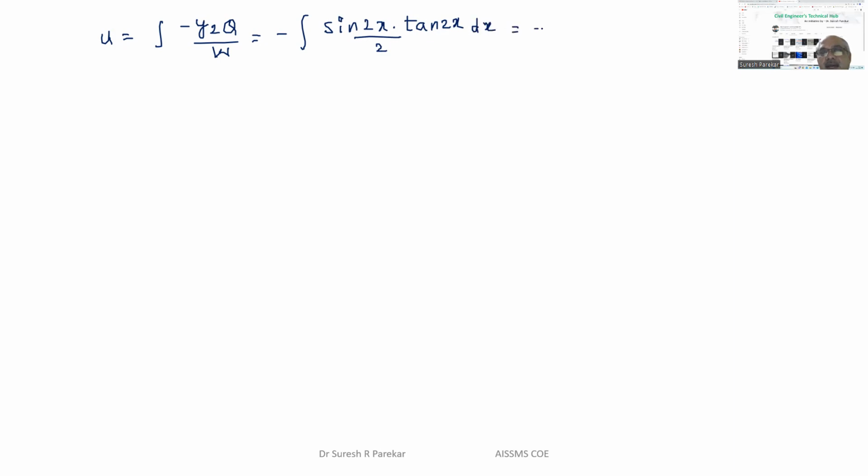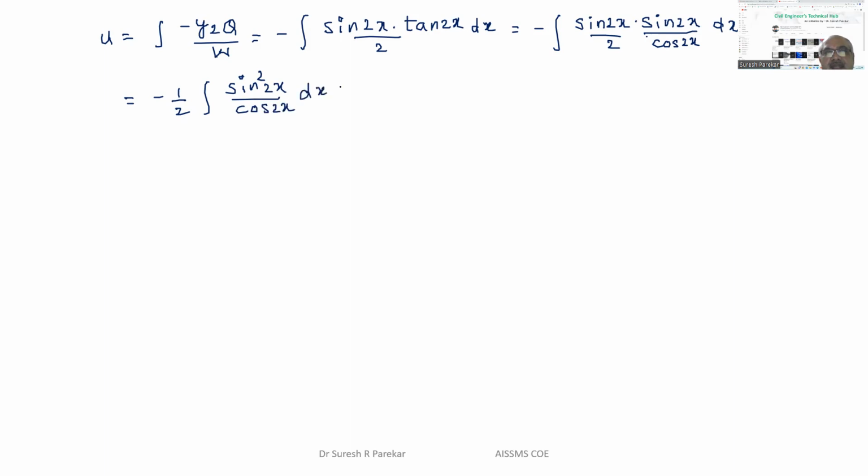Now we can write it as minus sin 2x into sin 2x upon cos 2x, upon 2, into dx. So we have U equal to minus 1 by 2 integration of sin square 2x upon cos 2x into dx. Sin square 2x we can write as 1 minus cos square 2x.